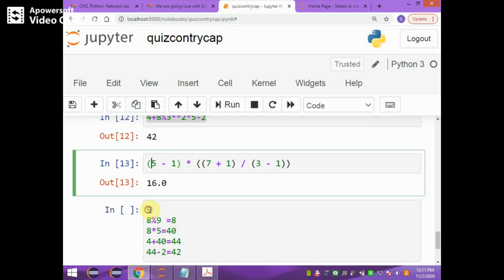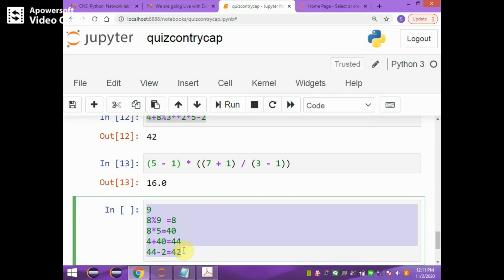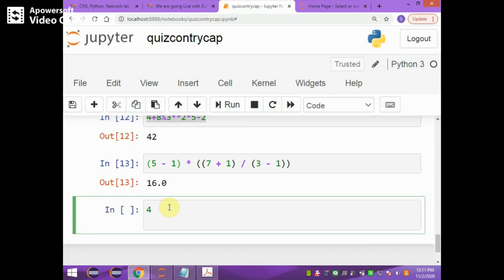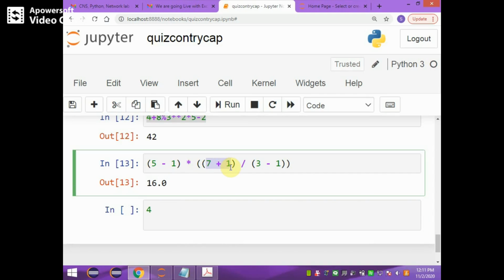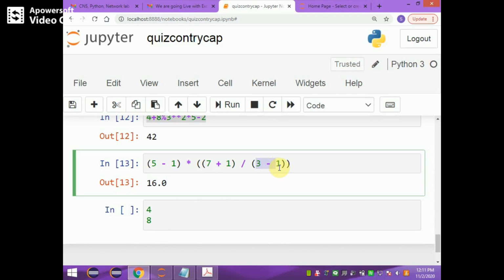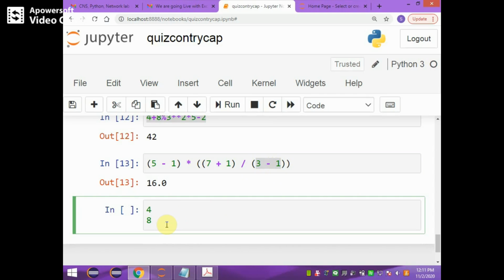Okay, that is the first stage. And next in the second stage, 7 plus 1 will be executed, that is 8, and then 3 minus 1 will be executed, which gives the answer 2.